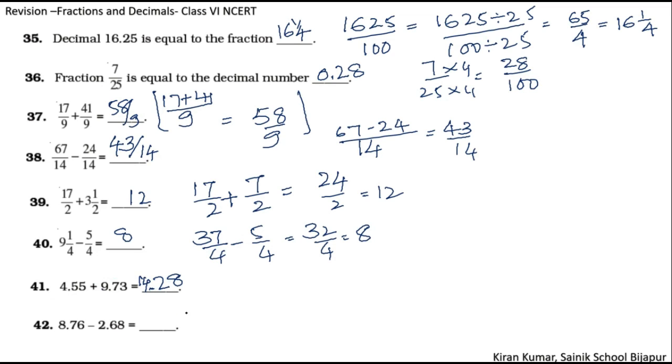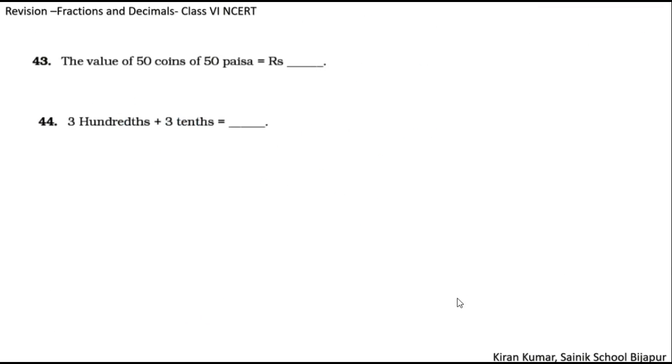Next is a subtraction. 16 minus 8 will be 8. 6 minus 6 will be 0. Then 8 minus 2 is 6.08. Next, 43rd, the value of 50 coins of 50 paisa is equal to rupees.